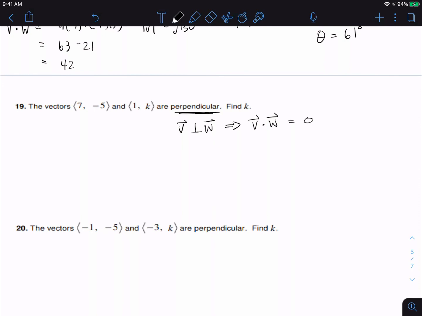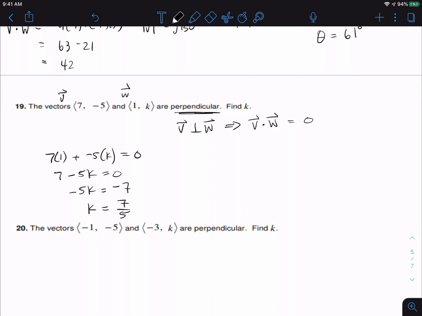So, if this is my v vector and this is my w vector, to find what k is to make these perpendicular, 7 times 1 plus a negative 5 times k needs to equal 0. So 7 minus 5k should equal 0. That gives me negative 5k is a negative 7. So k is 7 over 5. That is what's going to make these two vectors perpendicular to each other.